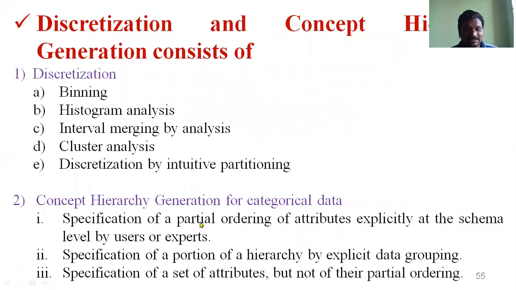In this case, the specification of partial ordering of attributes at the schema level by the user, the specification of a portion of hierarchy by explicit data grouping, and the specification of a set of attributes but not their partial order. This is concept hierarchy generation for categorical data.